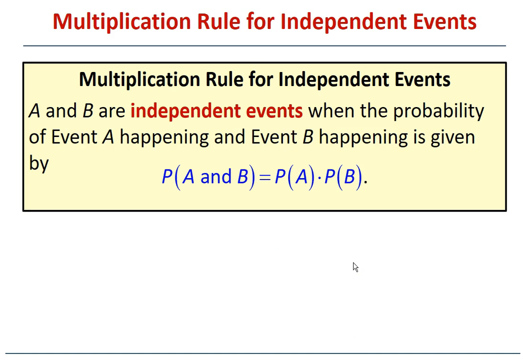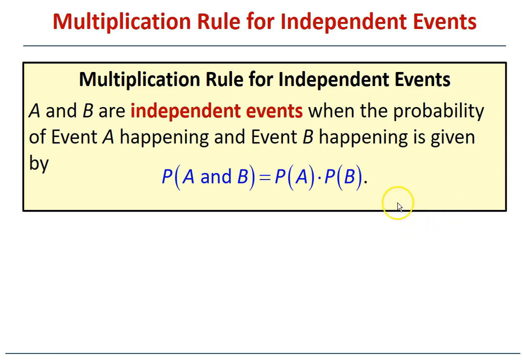Okay, a new rule here now. This is the multiplication rule for independent events. We say if A and B are independent events, then the probability of A happening and B happening is given as a product.